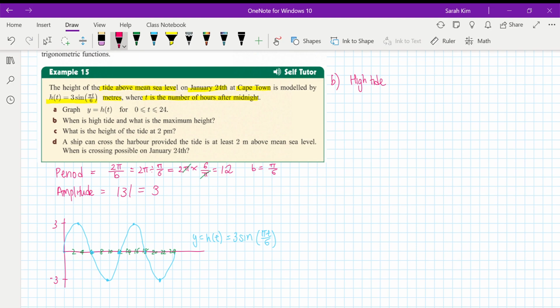So high tide means when it's a maximum at these points. Okay, so those are 3 a.m. and 3 p.m., because it's after midnight. What is the maximum height? Maximum height is 3 meters.